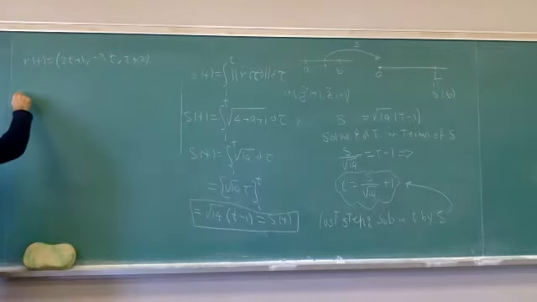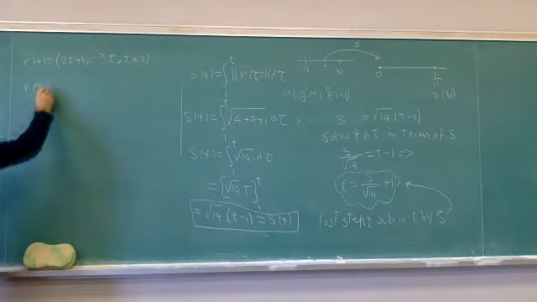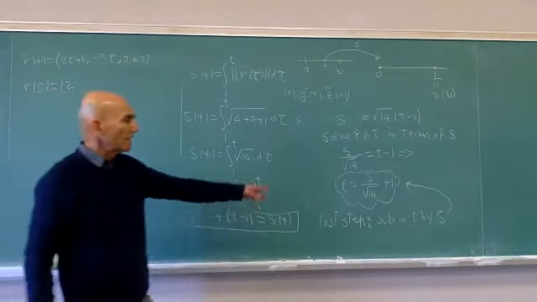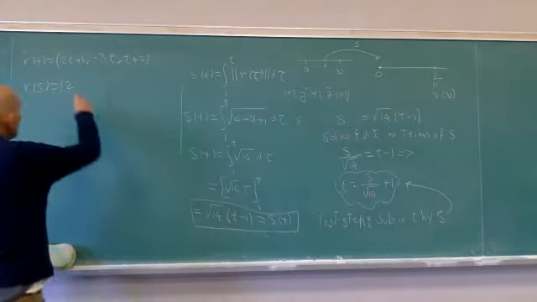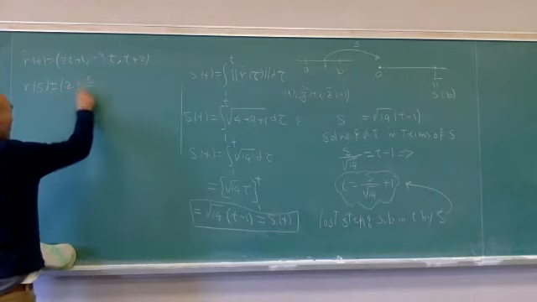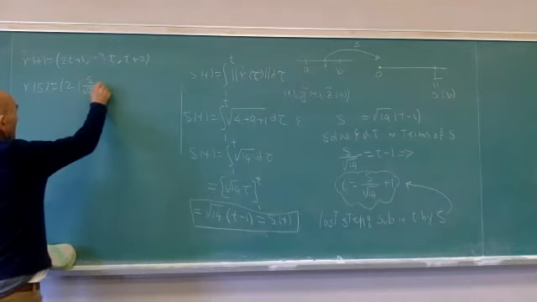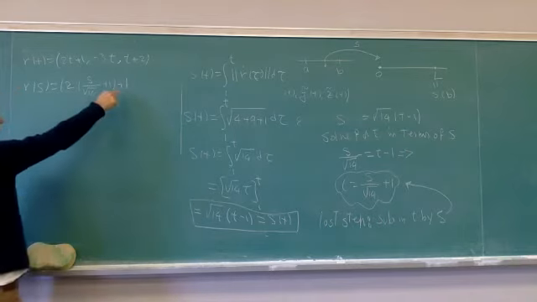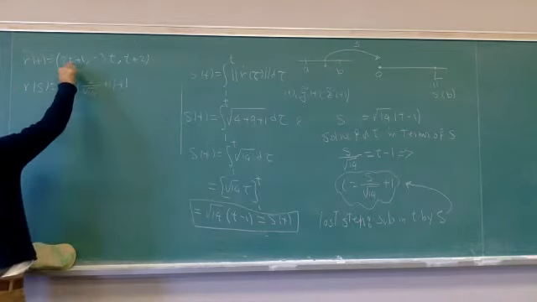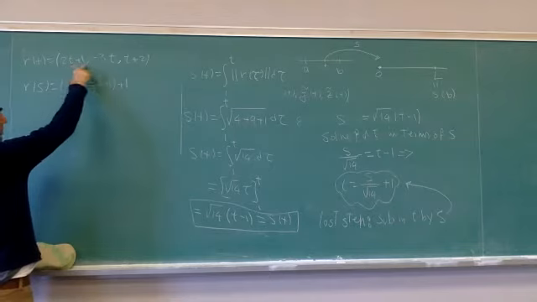So r of s is equal to 2 times, now we have the value of t, s over root 14 plus 1, and then plus 1. Don't forget to write this plus 1, that's important because it's a constant, not affected by anything.